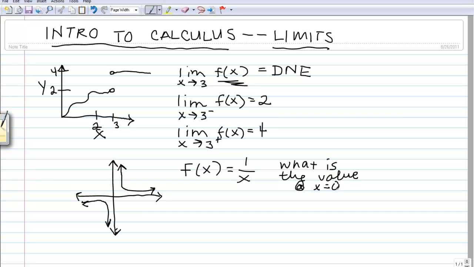Normally the value doesn't exist because, well, 1 over 0, a cat dies basically if you divide by 0. Very bad. So instead, we're going to take the limit as x approaches 0 of 1 over x.